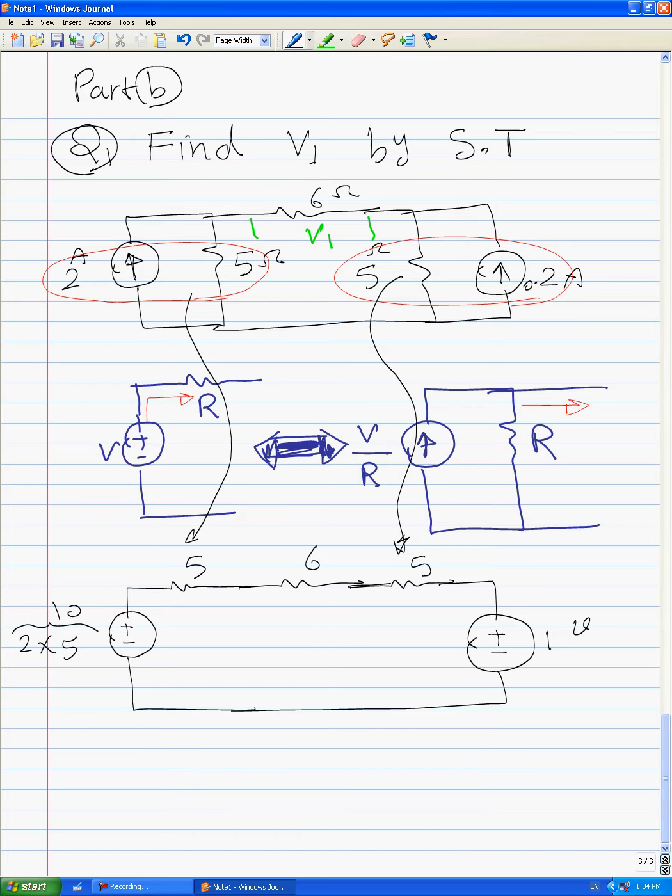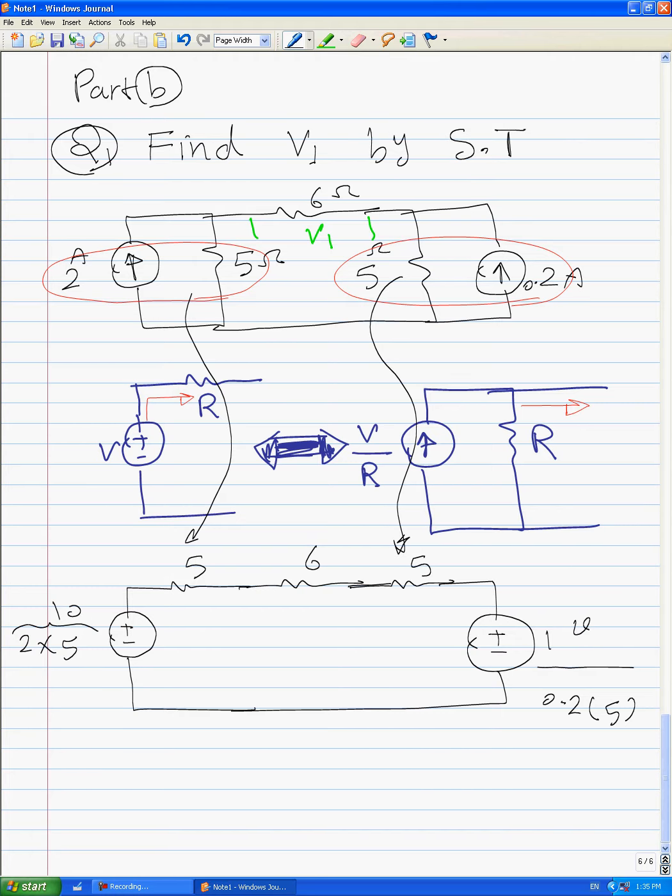For this 5 should be changed to 0.2 times 5 is equal to 1 volt. And here we have 2 amps. 2 amps for this 5 should be 10.